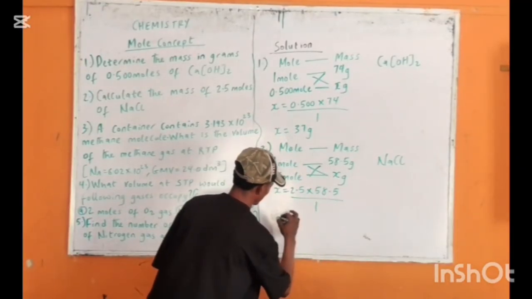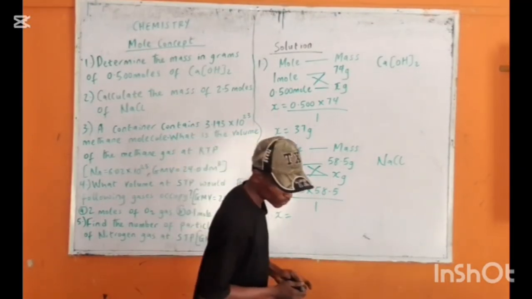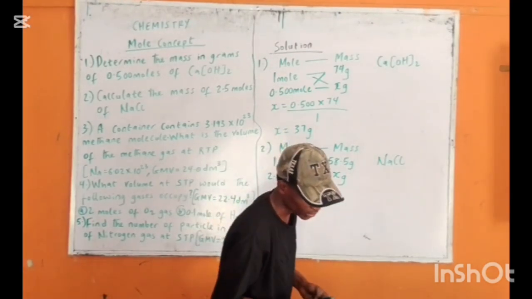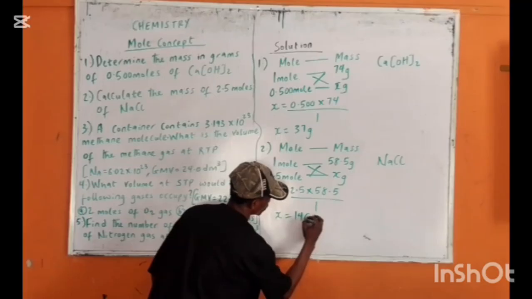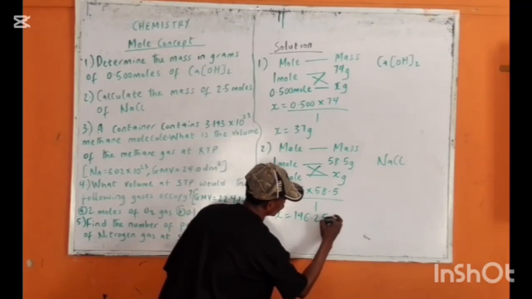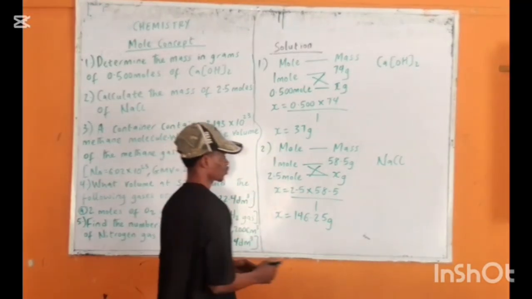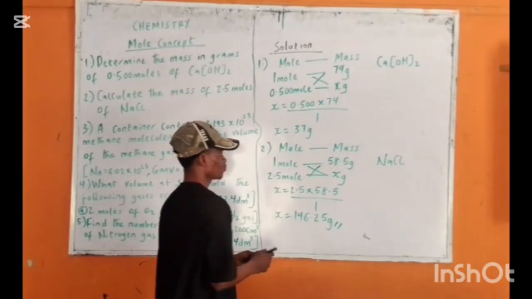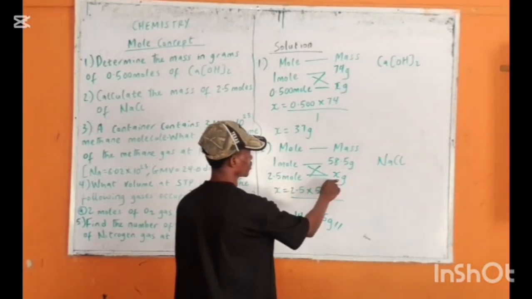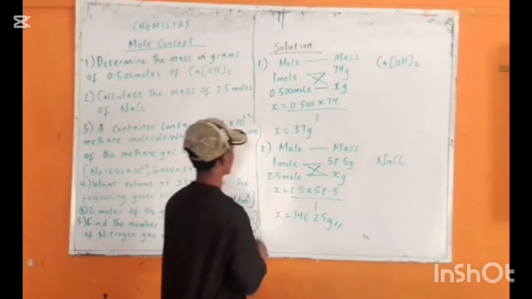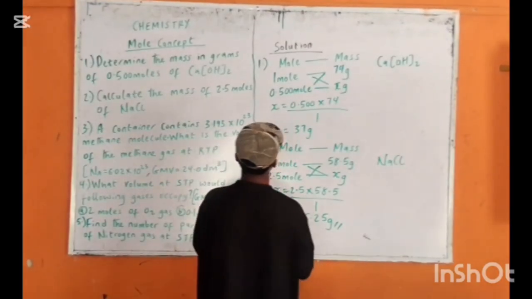When we press our calculator, we get 146.25 gram. Final answer. So my X here is 146.25 gram. So that's for number 2.